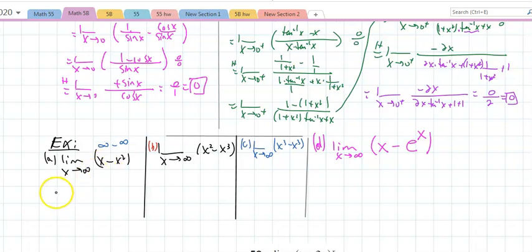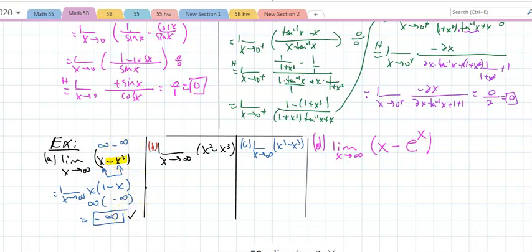This is infinity minus infinity, but I notice here that if I factor an x out, that will be 1 minus x. This would be positive infinity, and this would be a negative infinity. And I know positive times a negative would be negative infinity. The reason for that, x squared is going to dominate over x, so this entire function is going to behave like negative x squared, but this is how you show it.